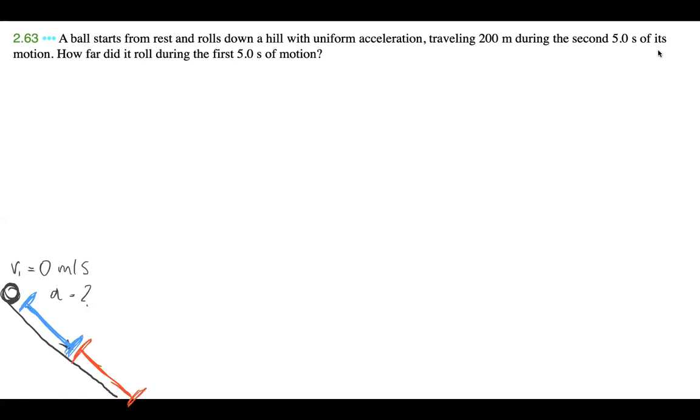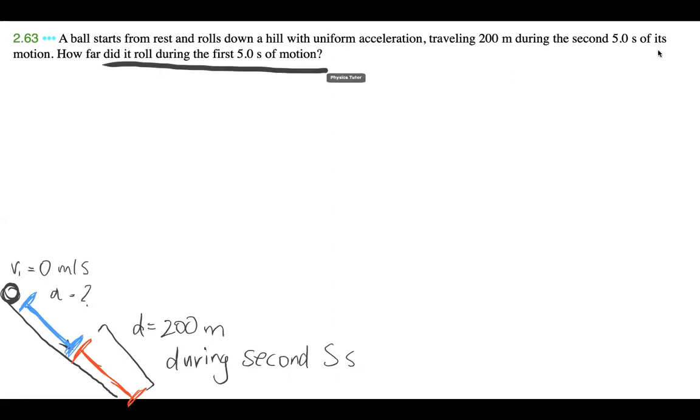We know that during this red portion right over here, it rolled a total distance of 200 meters, and this happened during the second 5 seconds. So we want to know how far did it roll during the first 5 seconds of its motion. So what was the distance during this portion?